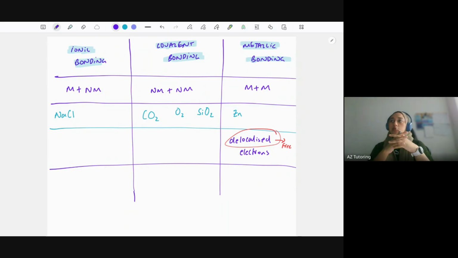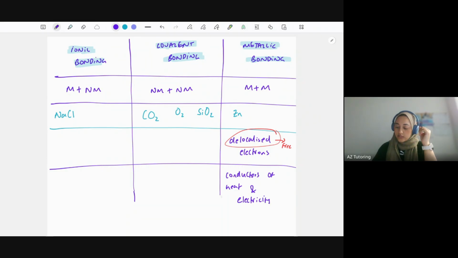So if you think about metals, metals are very good conductors of heat and electricity. And the reason why they are is because of these delocalized electrons. Delocalized electrons allow a substance to become a good conductor of heat and electricity. That's why we use metals for heating. When you're able to heat it, it absorbs heat quite easily.